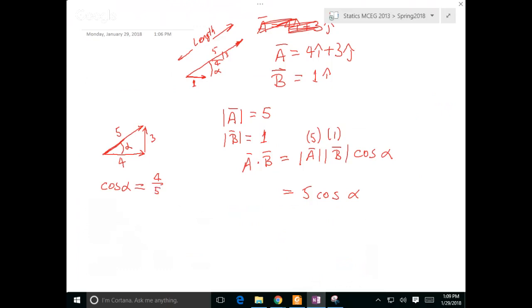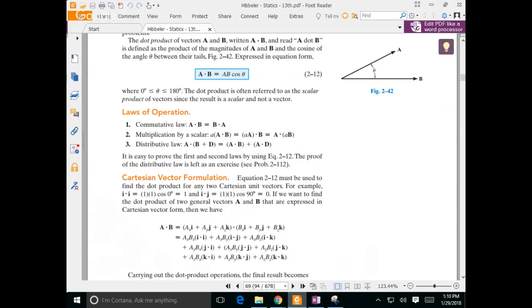That makes sense. So this is 5 times this 4/5, which is nothing but 4. That's kind of interesting, because that's nothing more than the magnitude in the x direction.